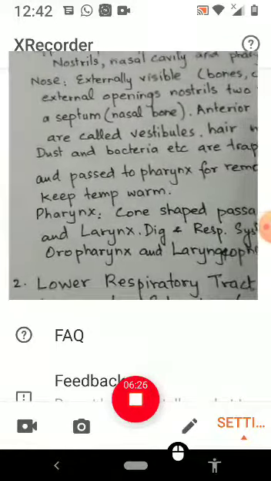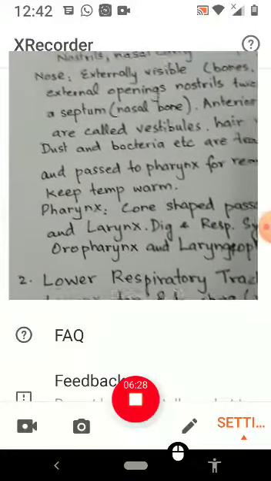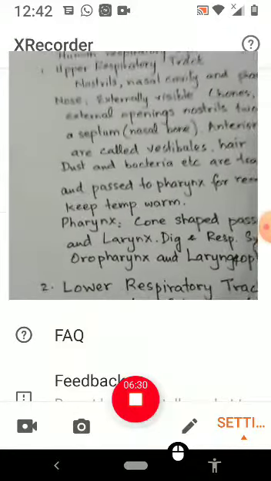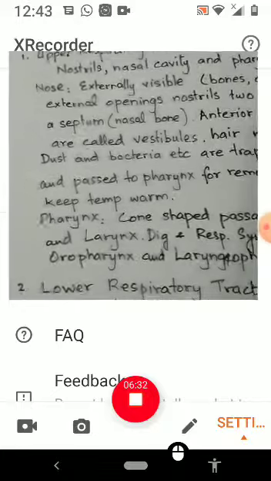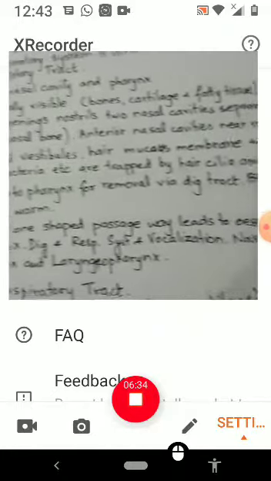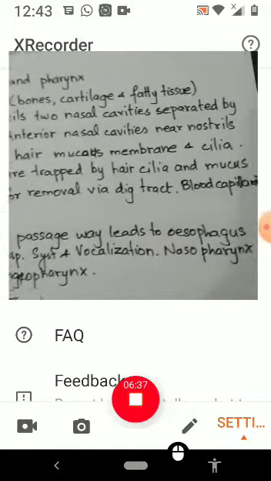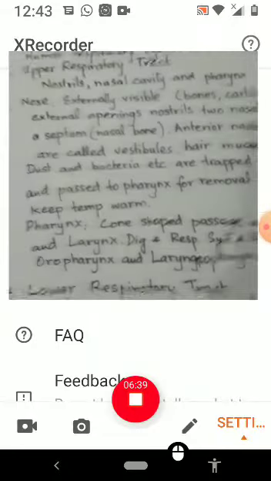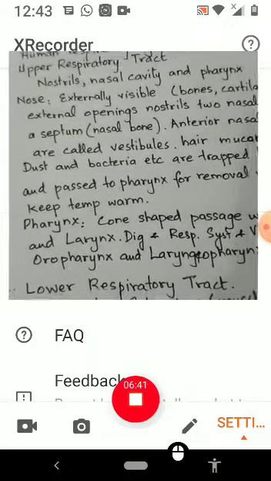The pharynx is the next part of the upper respiratory tract. This region is cone shaped. It is a passageway that leads to the esophagus and larynx.